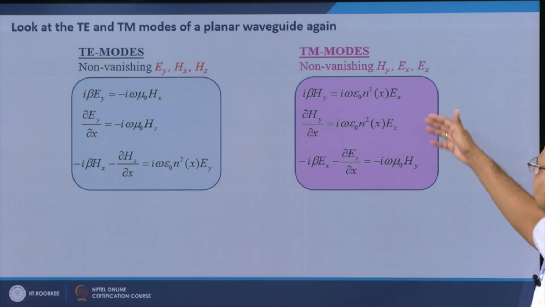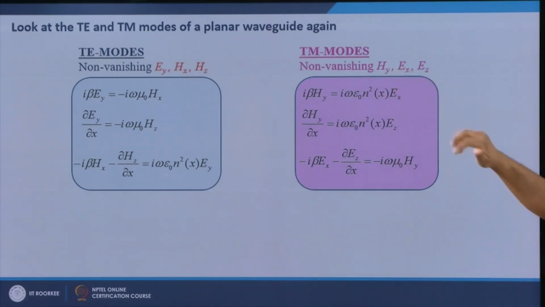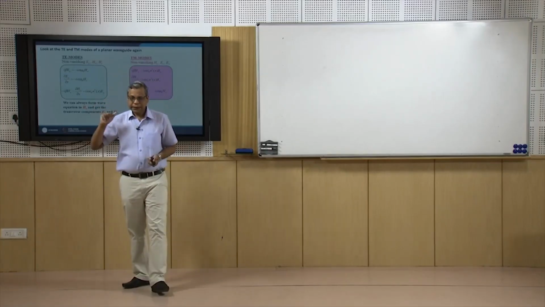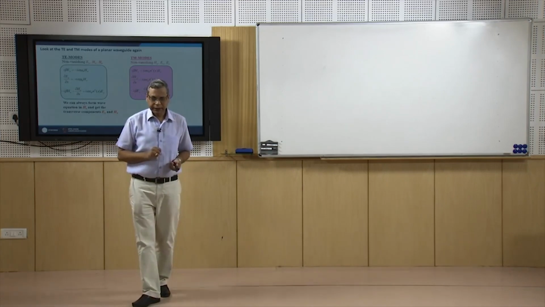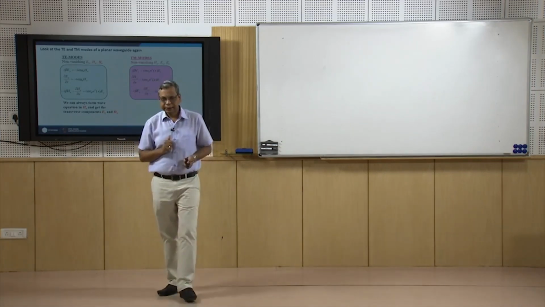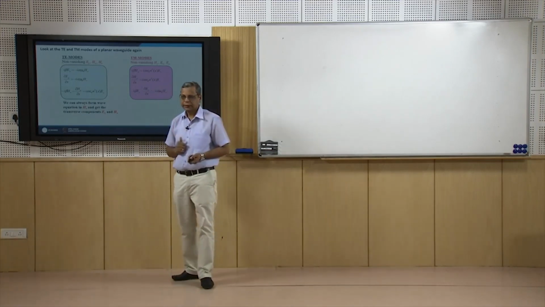Similarly, here I get Hy first and then Ex and Ez, and that is how I have the complete solution. But as I have seen in the previous slide that the common thing in all the three structures is the longitudinal direction z.